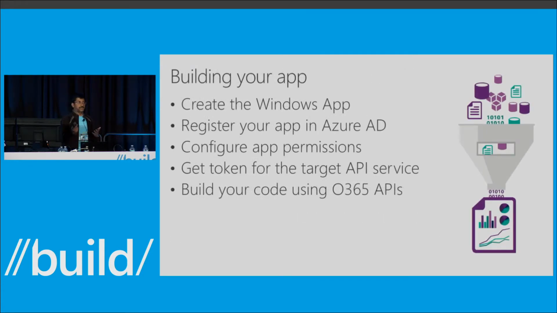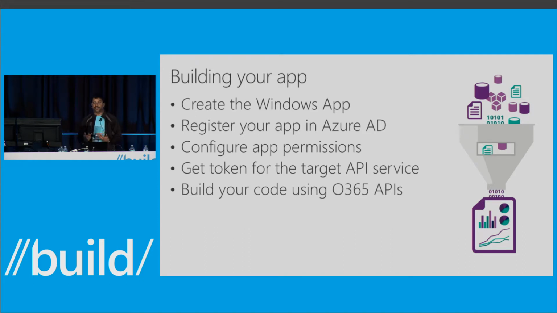So what does it take for us to now take what we have, the Windows 10 app, and talk to Office 365? Well, the first step was to create the Windows app. We already created that. The next step is that we need to register our app in Azure AD. So whichever tenant, I'm a developer, I have a developer tenant, I need to use my tenant to say, hey, I want to register my Windows app in Azure AD.